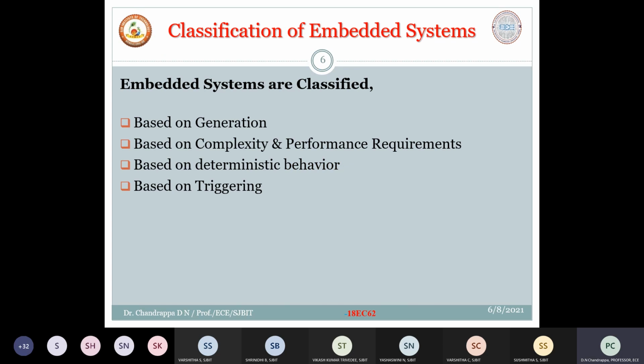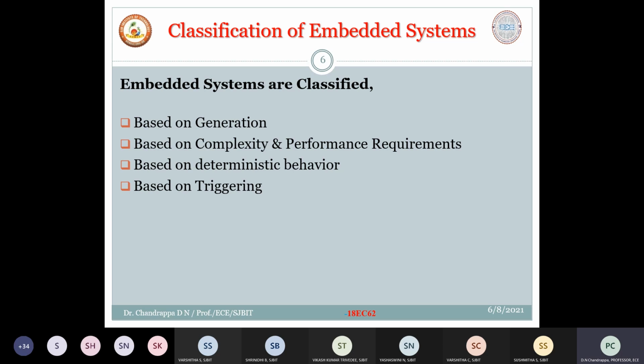Today I'm going to discuss the classification of embedded systems. How are embedded systems classified? They are classified based on generation, like first generation, second generation, and so on, then based on complexity and performance requirements, third, deterministic behavior, and fourth, based on triggering.